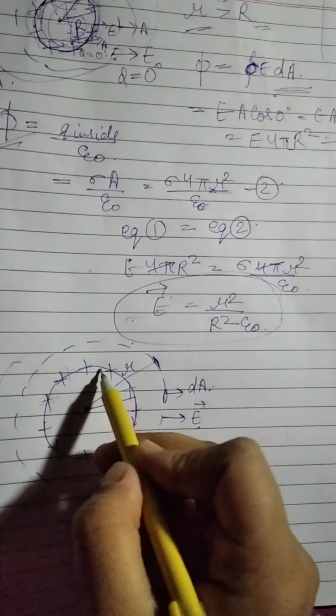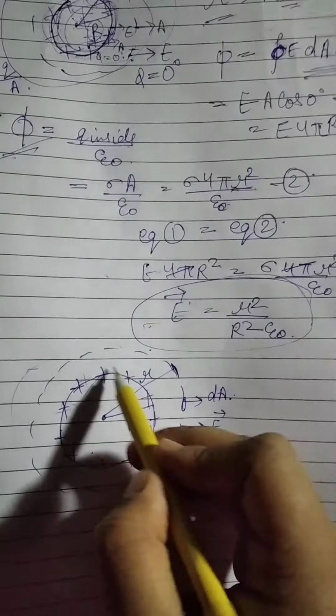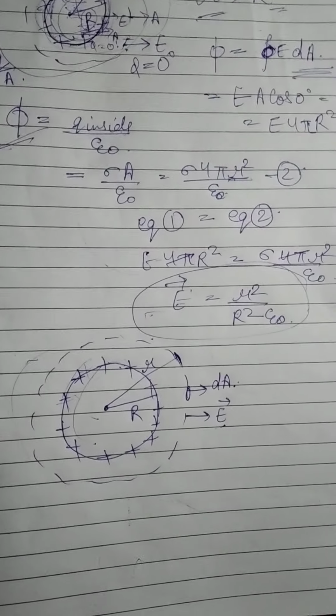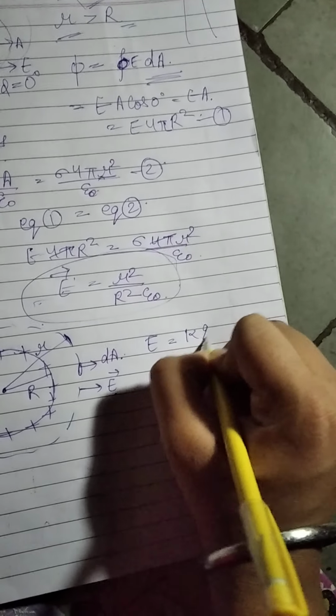See students, you can notice this thing, that this sphere acts as a point charge for Gaussian surface, means this sphere is so much smaller than Gaussian surface, then it can act as a point charge. Then in this case electric field will be kq upon r square.